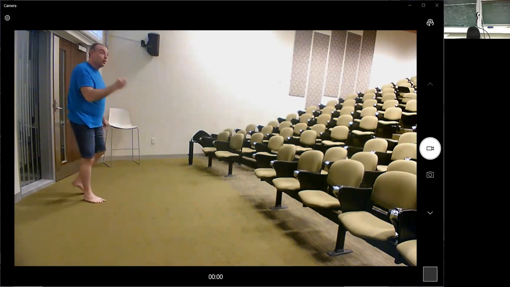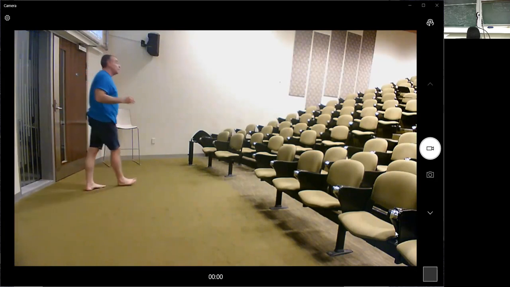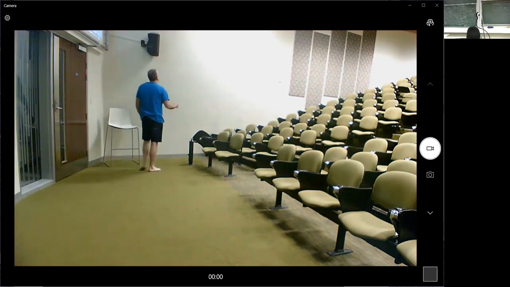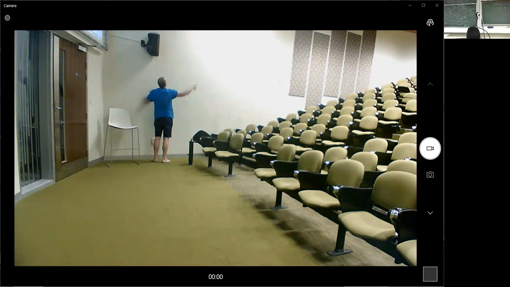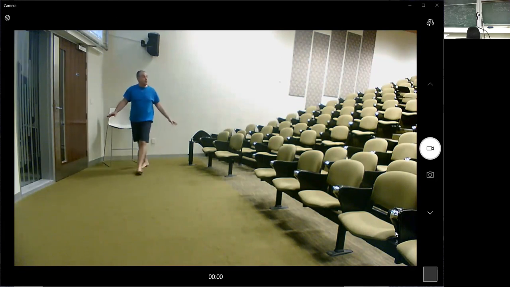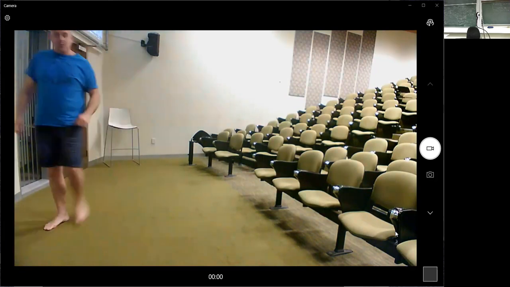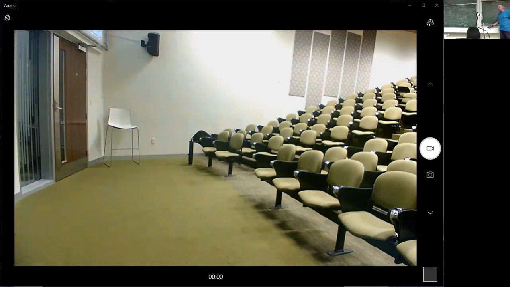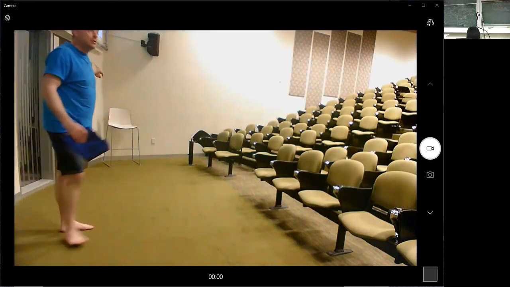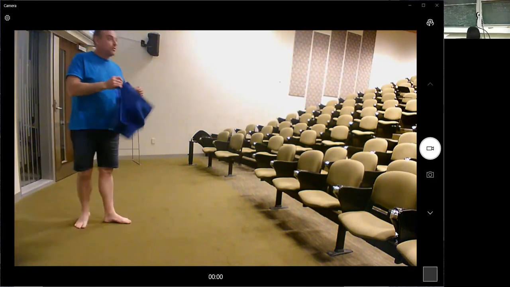Imagine you are much smaller than the thing that you are visualizing. Here I am, and I'm small enough to see that this plane goes on forever in all these directions. Most of the planes that we experience in everyday life are horizontal or vertical, and some planes are not.